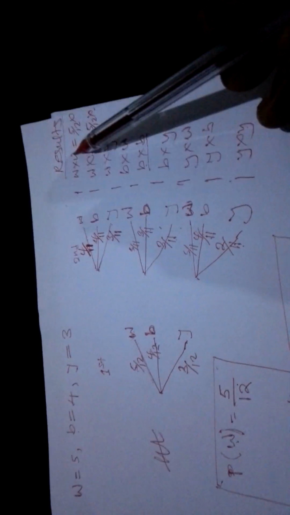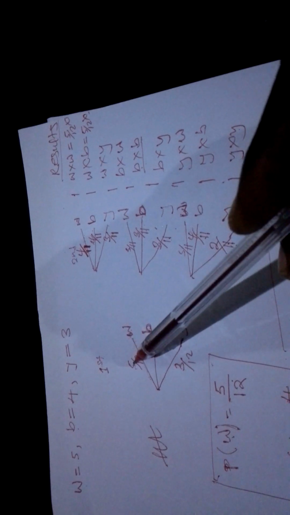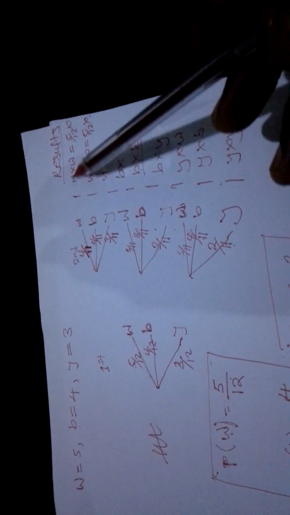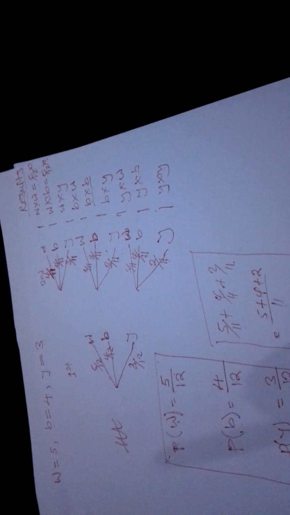So this is going to give us the first fraction 5 out of 12 times the second fraction 4 out of 11 in this selection. The word or means plus.